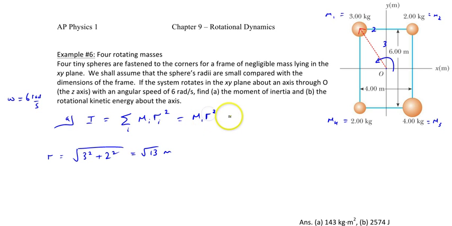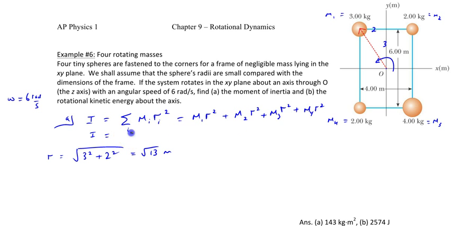m1 r squared plus m2 times r squared plus m3 times r squared plus m4 times r squared. And we're simply going to add them all up. So I will be equal to, well, I guess we could just factor out a common r squared.